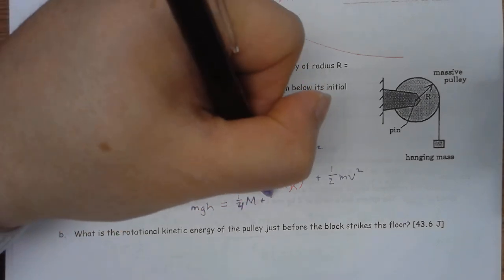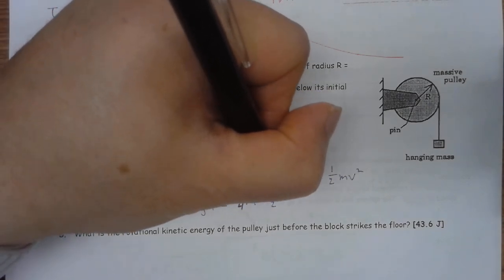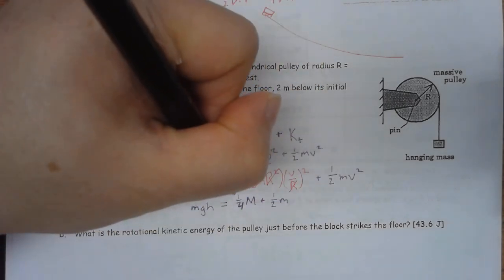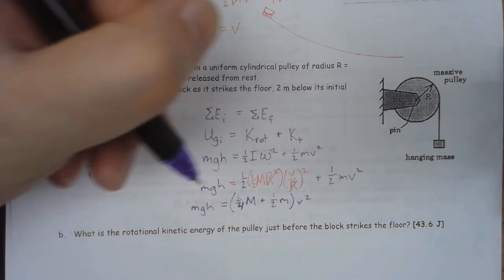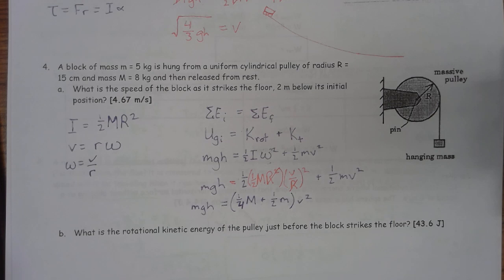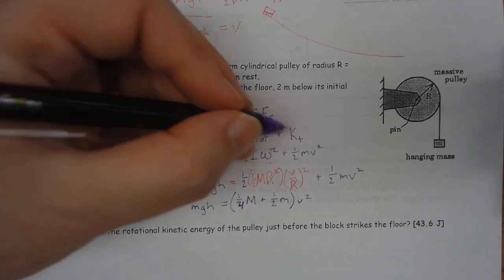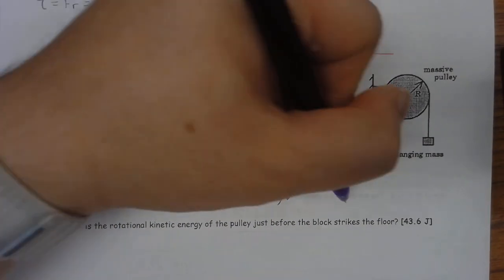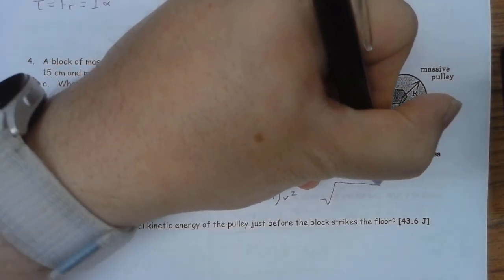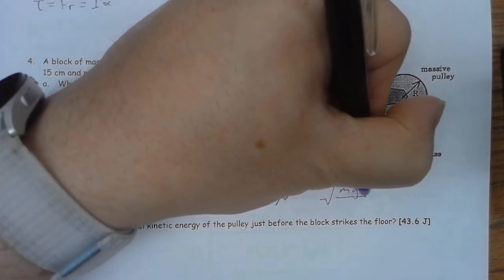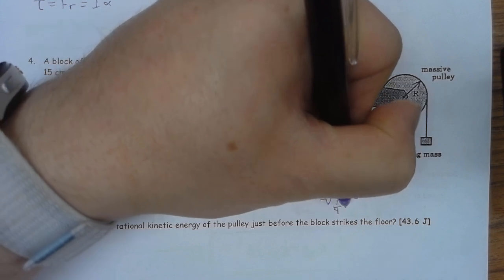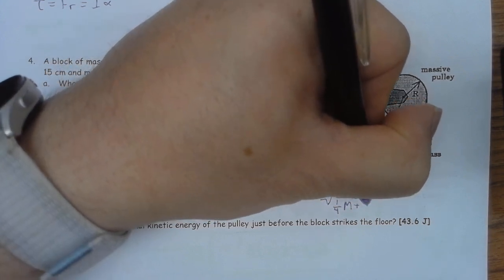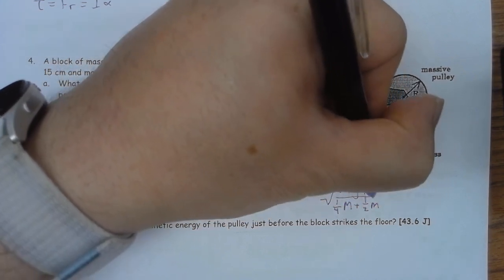Yeah. 1/4 capital M plus 1/2 lowercase m, v squared, and now we can just plug things in to find v. In the end, we've got the square root of mgh over 1/4 M plus 1/2 m.